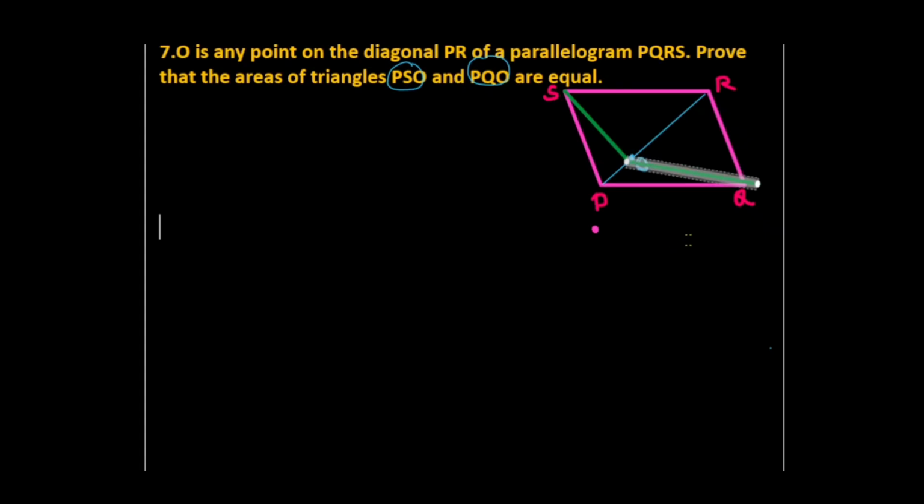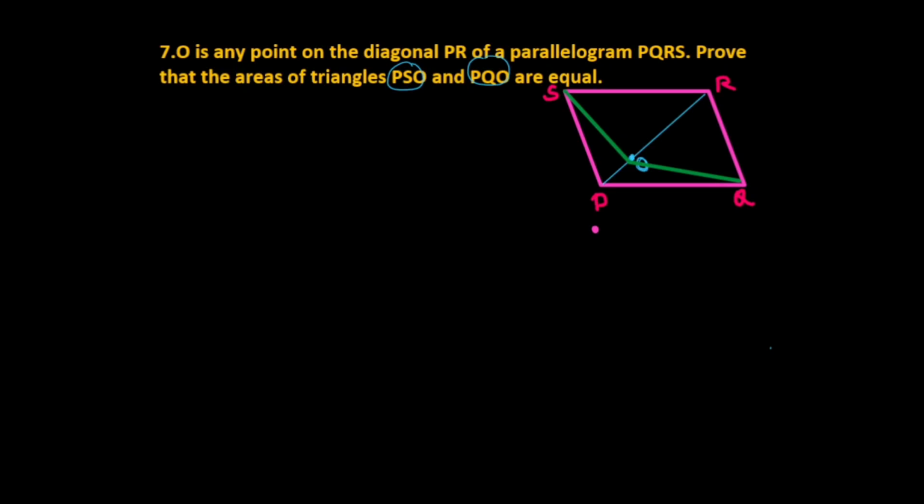So what is given in this question? Given O is any point on the diagonal PR. We took our O here, this is our O, don't forget.